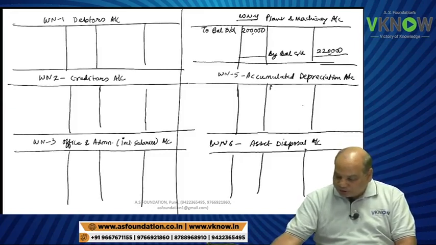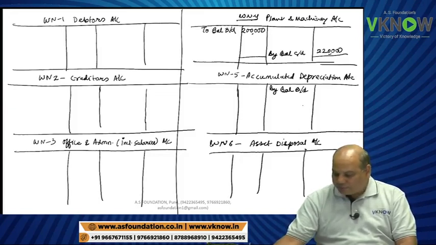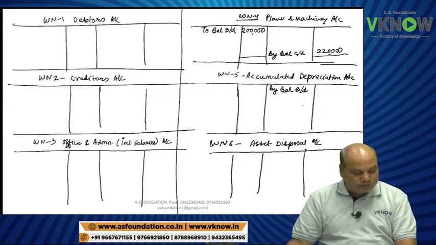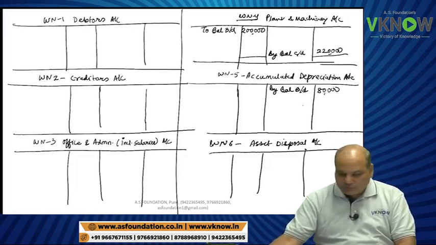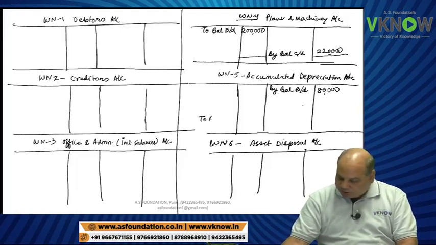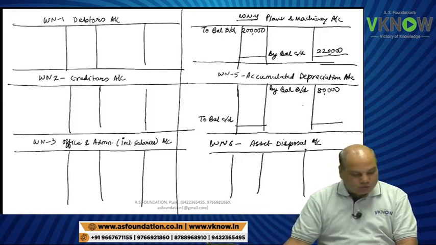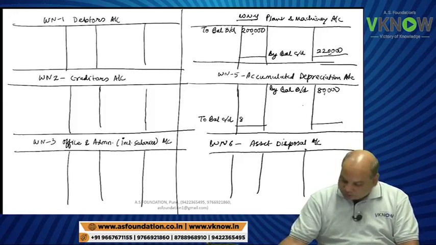In the accumulated depreciation account, write by balance brought down 80,000, and on the debit side to balance carried down is 82,000.